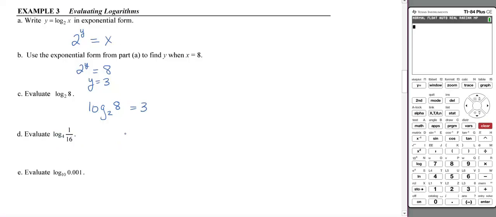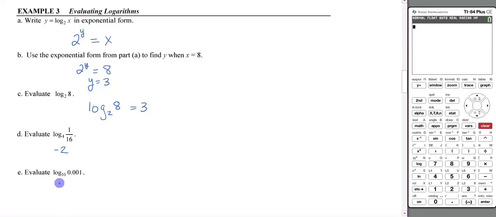Remember, we put negative exponents on numbers to cause them to turn into fractions. And here, if I would put a square on the 4, it would turn it into 16. So if I put a -2, then that would cause the base 4 to become a 1/16. So the log base 4 of 1/16 evaluates to be just -2.